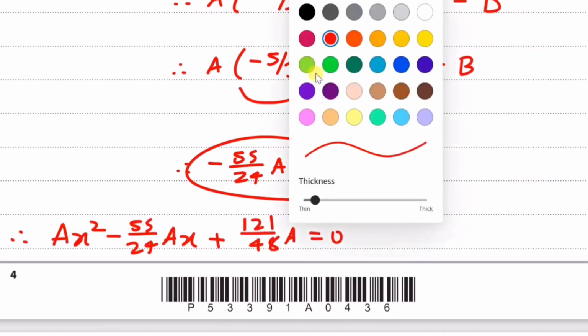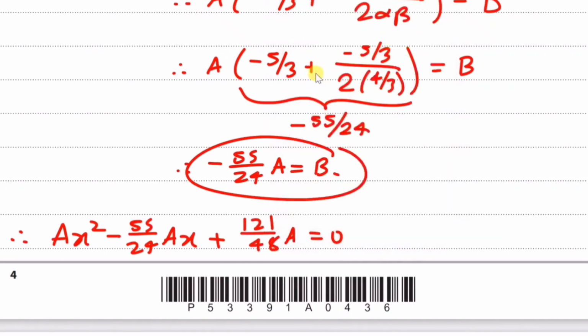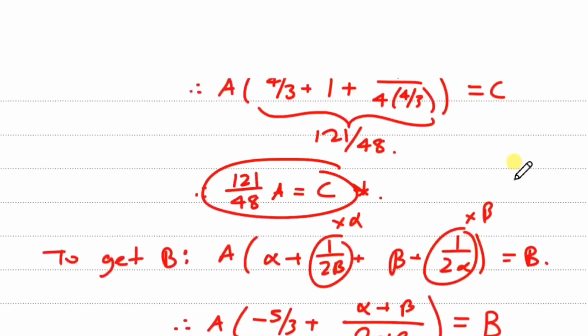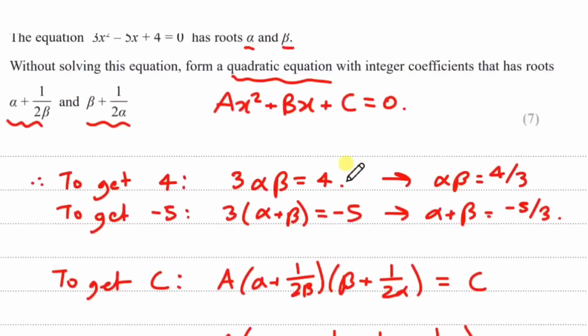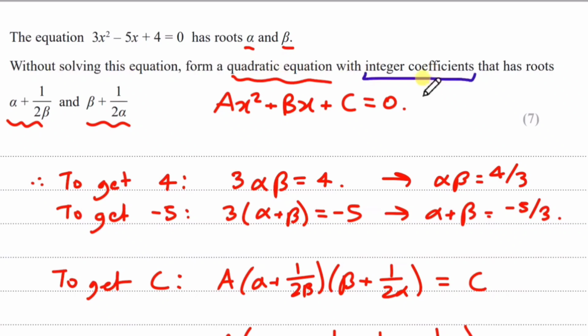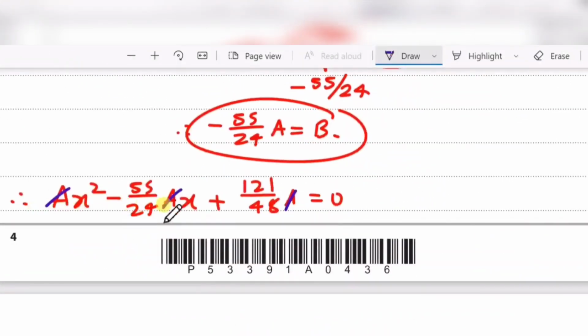Cool. Almost done, guys, yeah? So one final step. 2 steps, actually. Because they all have a's, you can just divide a across so that it disappears. And now, in the beginning of the question, this would usually be the end, yeah? But they said, without solving an equation, form a quadratic equation with integer coefficients. So in other words, you got to make sure that your final results are all whole numbers, yeah? Not fractions. Now, let's just clear the fraction, yeah?